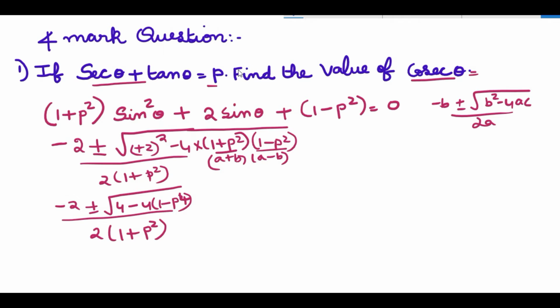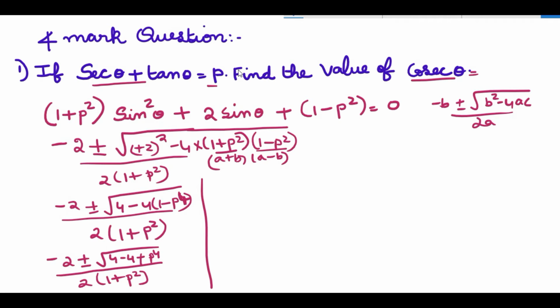So it is 1 minus p to the power of 4. So this again, when you open the bracket, minus 2 plus or minus square root of 4 minus 4, minus into minus plus p to the power of 4 divided by 2 into 1 plus p square.